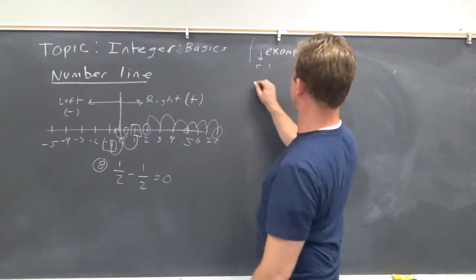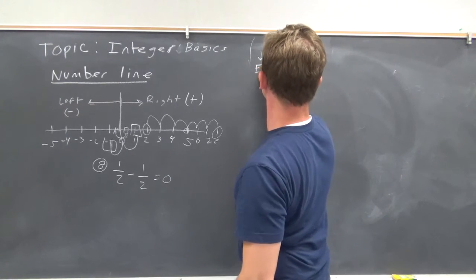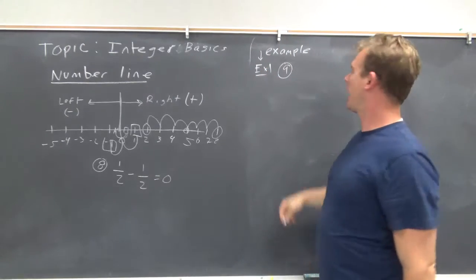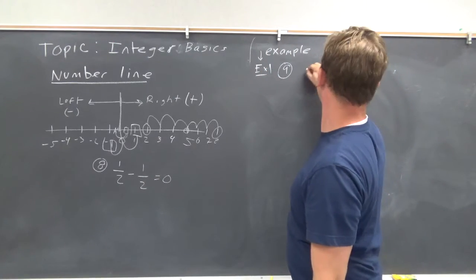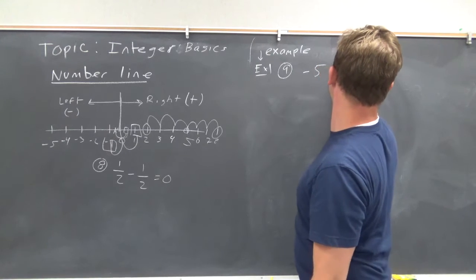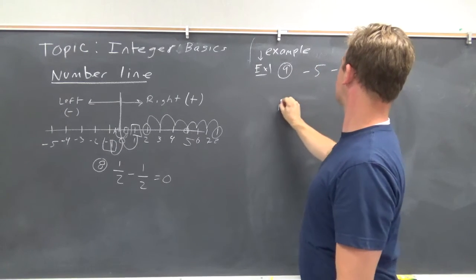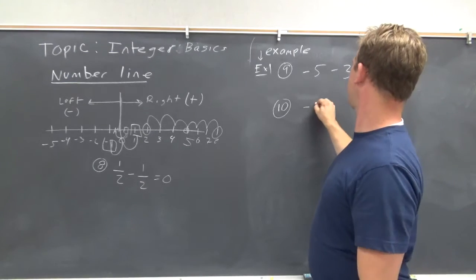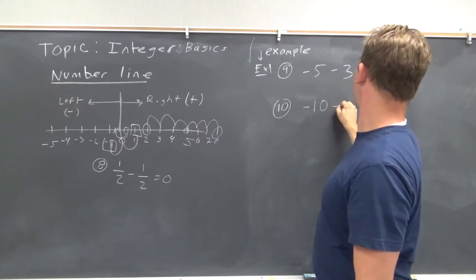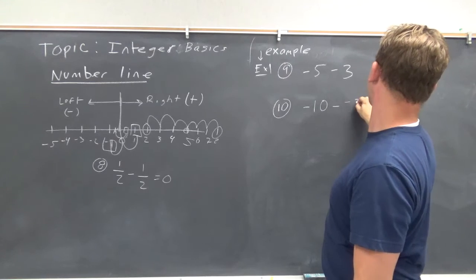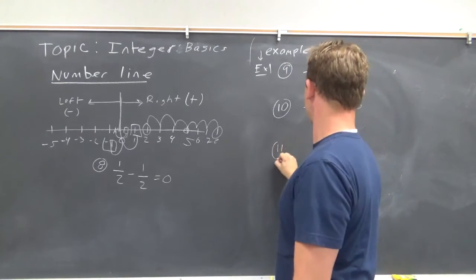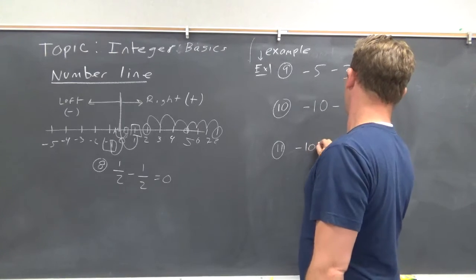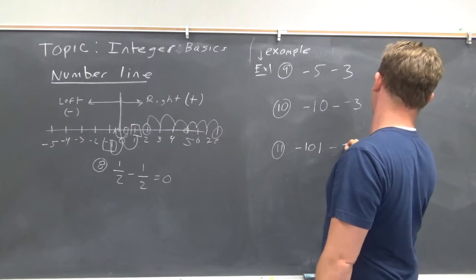Number 9, these are still examples. Number 9, let's try negative 5 minus 3. Number 10, just leave some space: negative 10 minus negative 3. Number 11, leave some space: negative 101 minus negative 4.